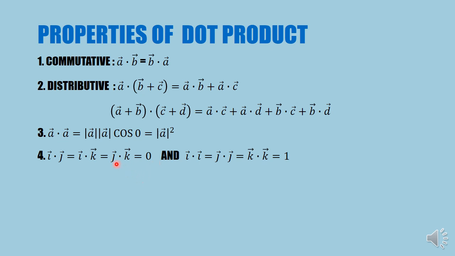So if the factors are different, the answer is 0. On the other hand, if the factors are the same, I dot I, J dot J, and K dot K, the dot product of that is equal to 1, because its magnitude is 1. Okay, these are the properties of dot product.